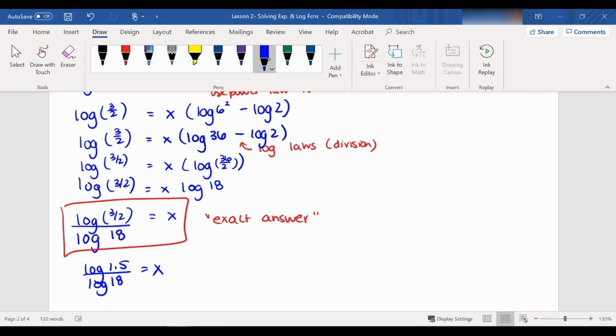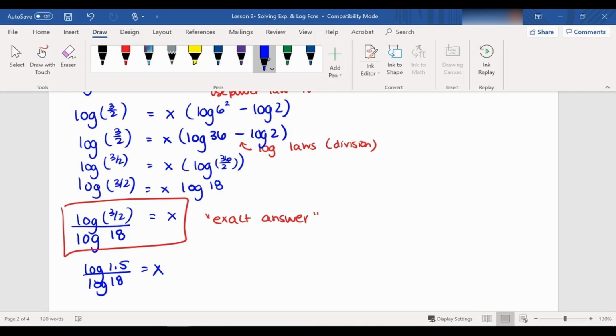Okay. So you've got a couple things from today. The first is being able to solve an exponential equation where the bases are the same. Once the bases are the same, the exponents must be equal. The second was solving a logarithmic equation. If possible, rewrite it in exponential form and solve.